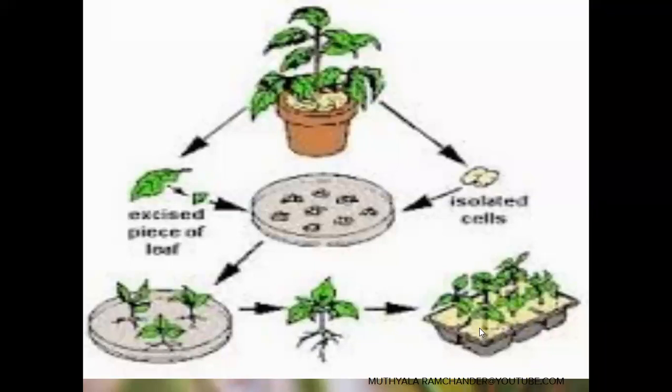In that proper environment, the plantlets are comfortable. Later, the plantlets are planted in normal soil in the outer environment. Those plantlets are 100% identical to the selected parental plants.